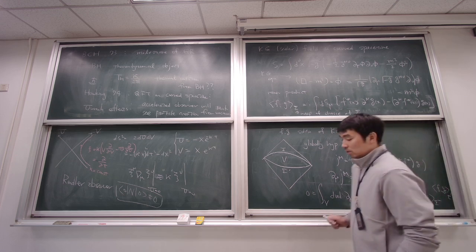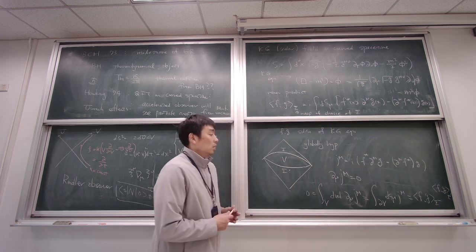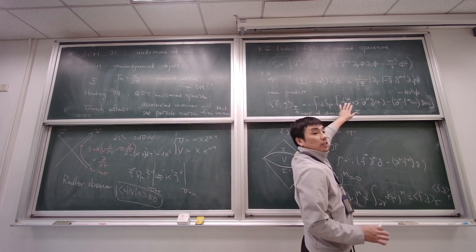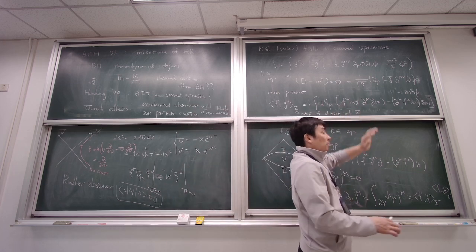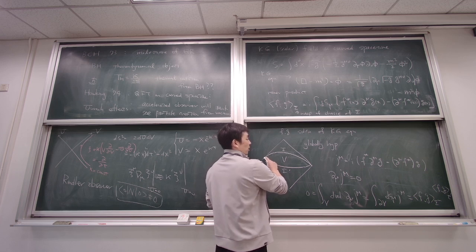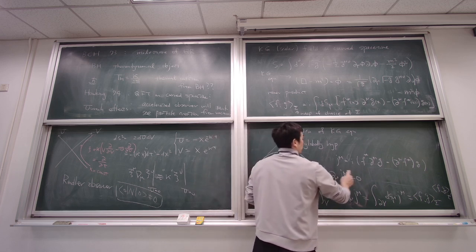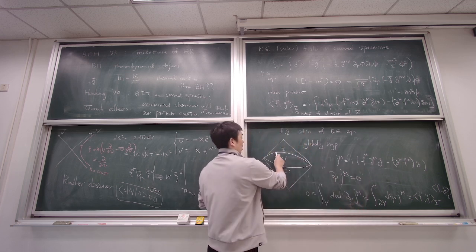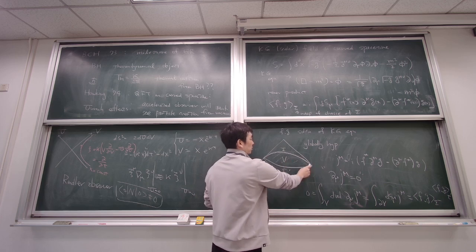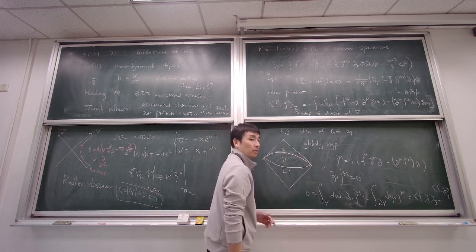Okay. So if you use the inner product and just integrate over this current conservation around this region, if you use the Stokes theorem, this one is coming from sigma, the other is coming from sigma prime.